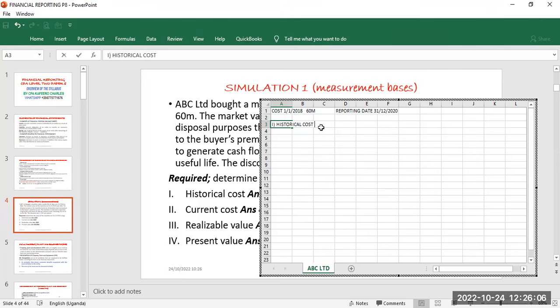We say that our historical cost is that assets are recorded at the amount that we acquired those assets for. We acquired them on 1st January 2018, for 60 million. It can be in Ugandan shillings or in dollars, whichever.